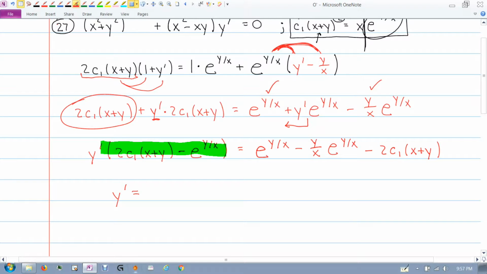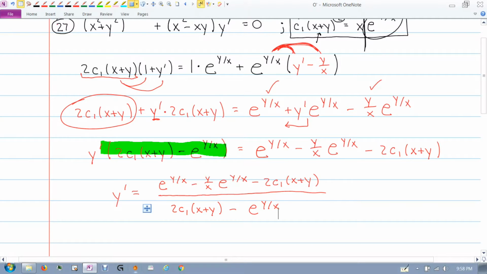So we will get a final expression for our derivative, over 2c1 x plus y minus e to the y over x.